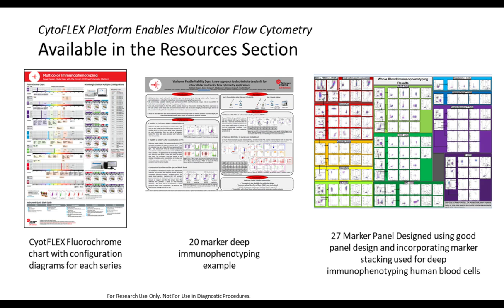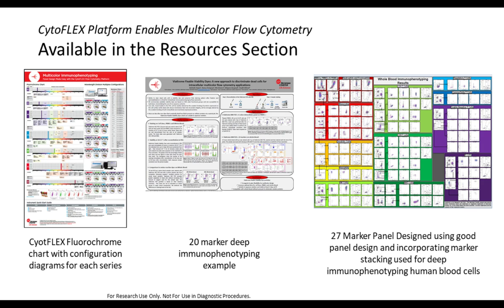And we've also today talked about some resources, and we provided some resources in the webinar. So in the resources section, you'll be able to find the CytoFLEX Fluorochrome chart that has the configuration diagrams for each model within each series. And then we've also provided the poster that demonstrates the 21 color, 20 marker immunophenotyping example that we showed data from today.